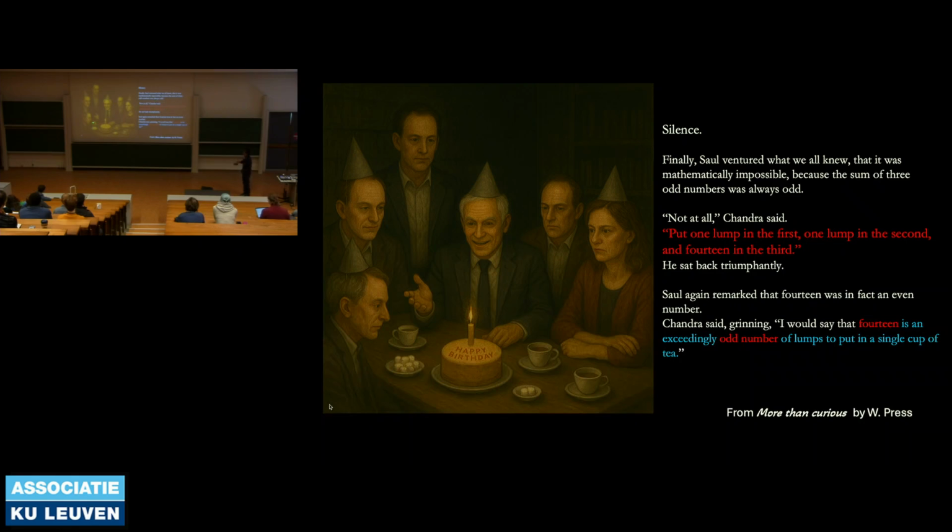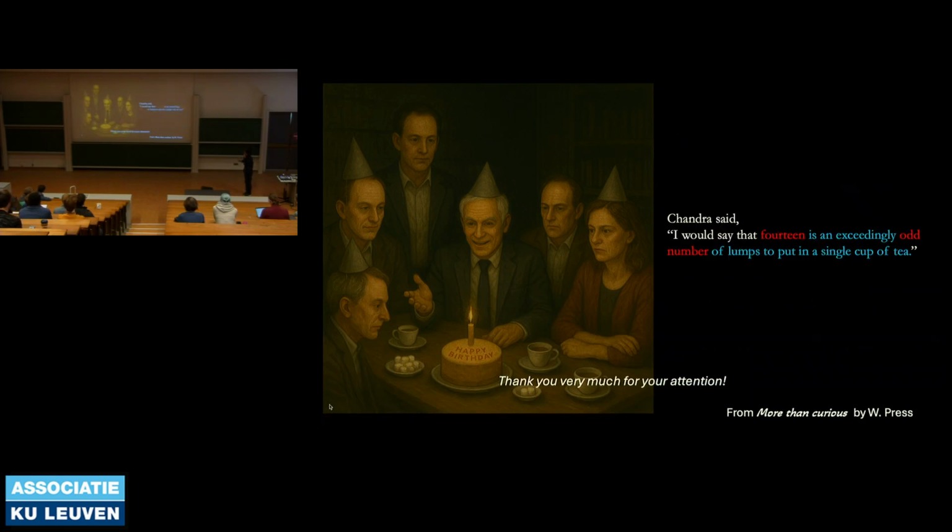You can put 1 in the first cup, 1 in the second cup, and 14 in the last cup," and he said it triumphantly. Saul said, "14 is an even number," and Chandra said, "I would say 14 is an exceedingly odd number of lumps to put in a single cup of tea." So I will leave it there, and thank you so much for your attention.